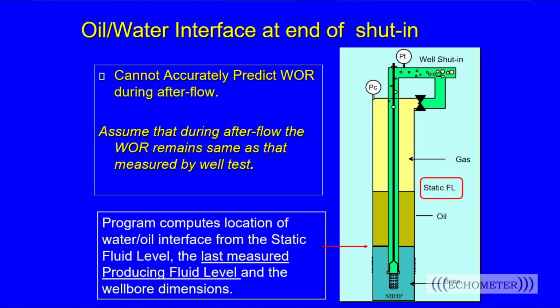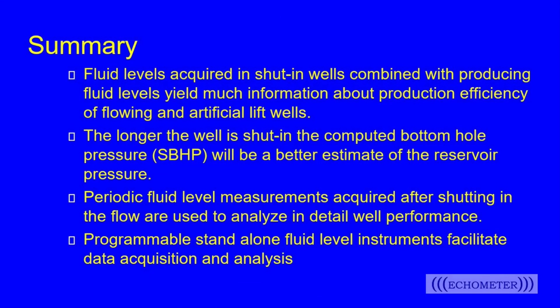In summary, the fluid levels that we get on shut-in wells, combined with the producing fluid levels, give us a lot more information about the producing efficiency of a flowing or artificial lift well. We can do a better job of predicting the maximum production available from that well.